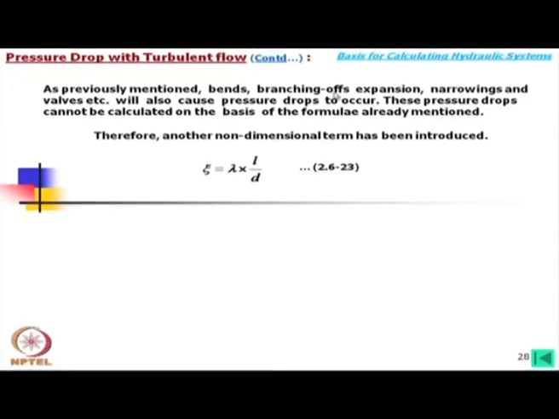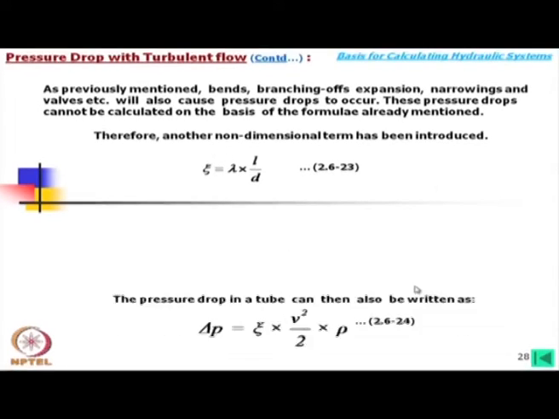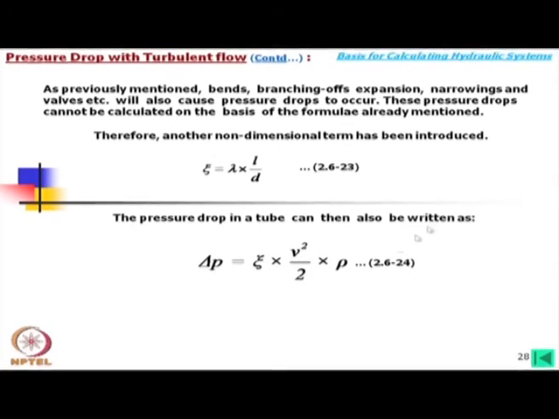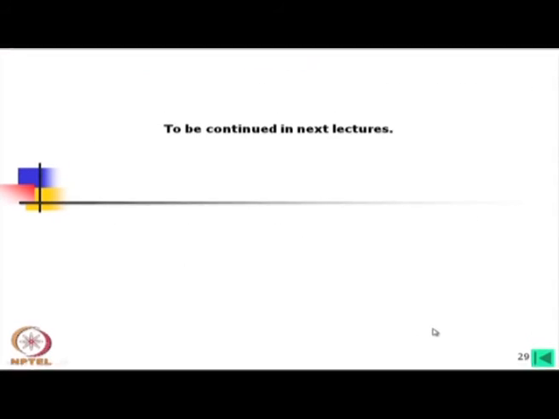For special cases, such as bends, narrowing or branching, we have to consider another factor. With this factor and the velocity, you can calculate what the pressure drop will be.